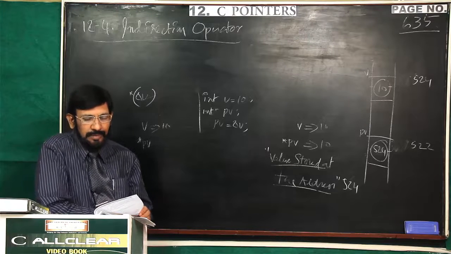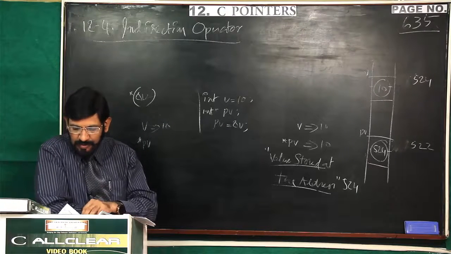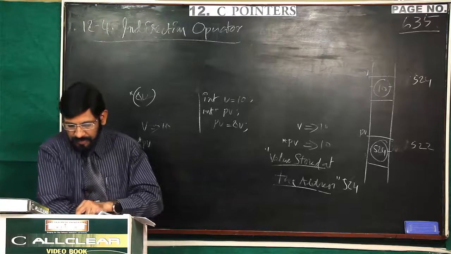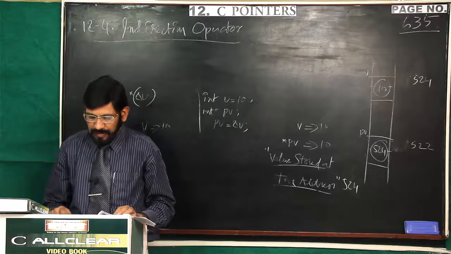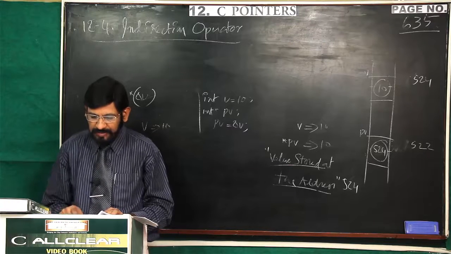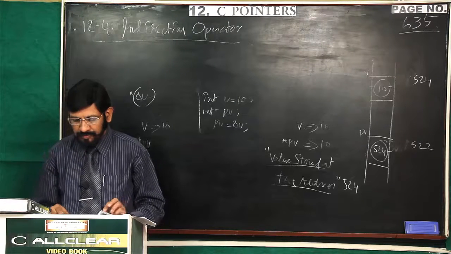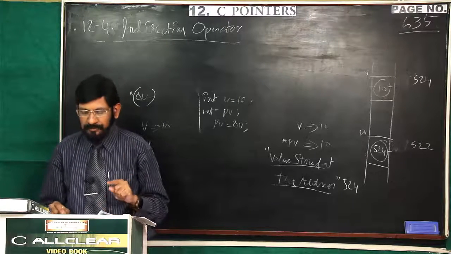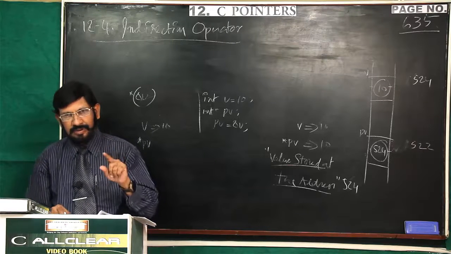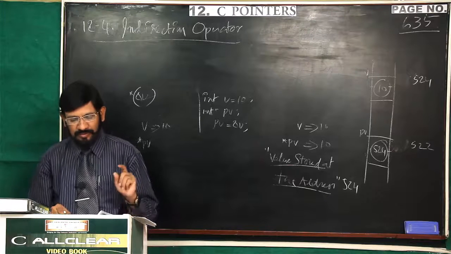Address of PV, you see, address of PV is 65,522. PV is 65,524, and &PV is 65,522.